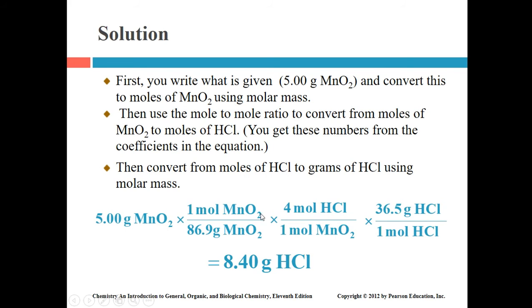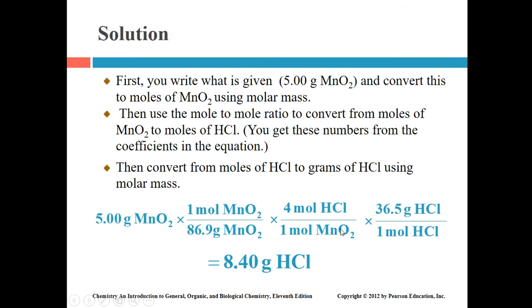So we need to put the moles of MnO2 on the bottom so that the label cancels out, to every 4 moles of HCl. And remember, we're going to get these numbers right here in our mole ratio from the equation, and that's the only time we're going to be using the numbers that we used to balance the equation, those numbers in front, in our math portion here.